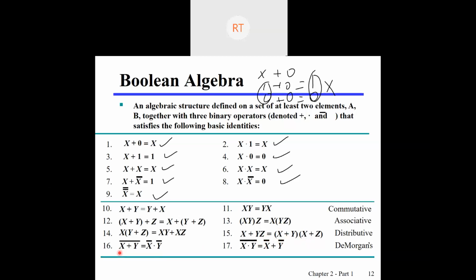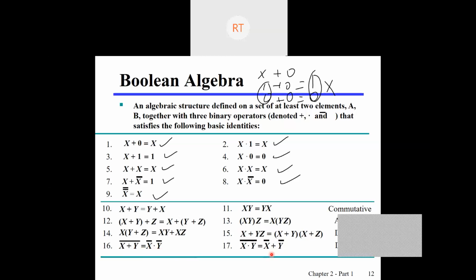We move to number 16. This is called De Morgan's law. You have x or y, you put a bar on top of it, so you are doing the complement of the whole statement. It's going to be x bar, the plus will become a dot, and the y will become a y bar.